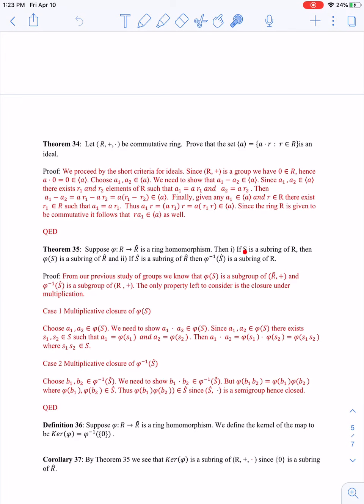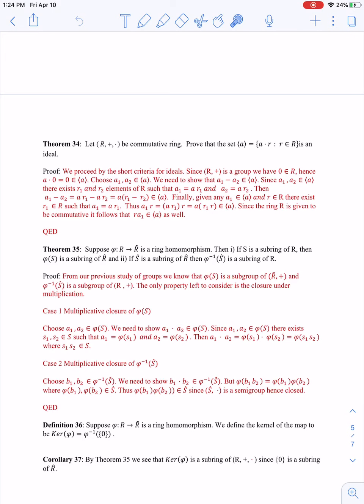Then if S is any subring of R, phi of S is a subring of R hat. Remember? And if S hat is a subring of R hat, then phi inverse of S hat is going to be a subring of R. We had the same result true for groups. Now we're just going to push it through for rings.